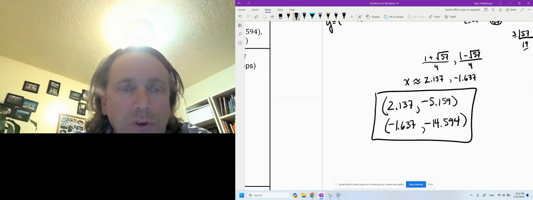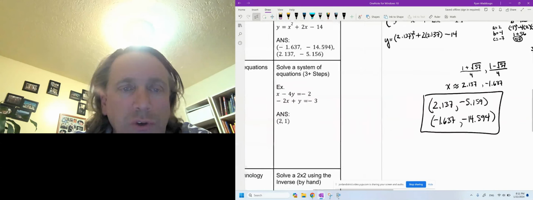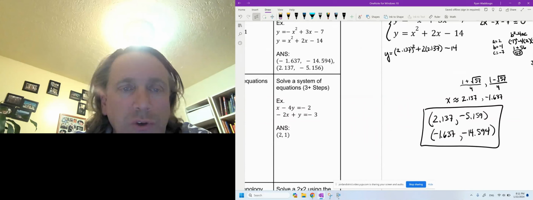And those 2 points are the solutions that we found. Let's see how we did over here. Negative 1.637, negative 14.594, and then 2.137 and negative 5.156, negative 5.159. I rounded probably differently there before. But that's how we get those solutions.